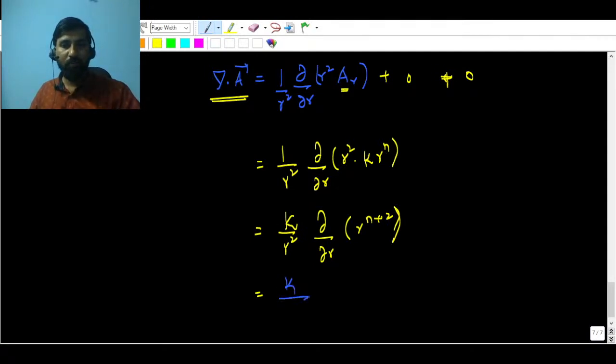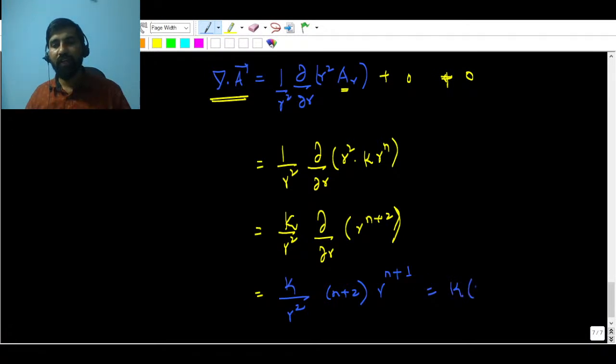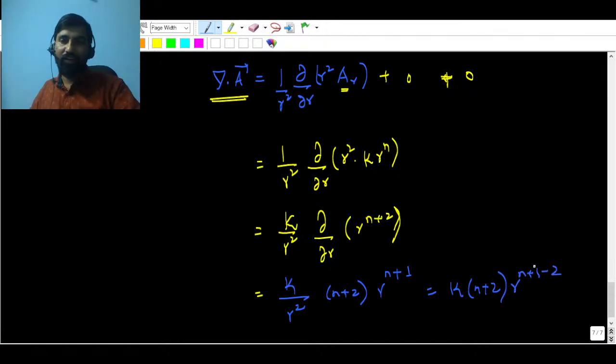So k upon R square, this will be n plus 2 R to the power n plus 1, because that is going to be n plus 2 minus 1. Now you can take R square up, right? So further if you solve this, k times n plus 2 times R to the power n plus 1 minus 2. So this is going to be n minus 1, right? k(n plus 2) R to the power n minus 1.